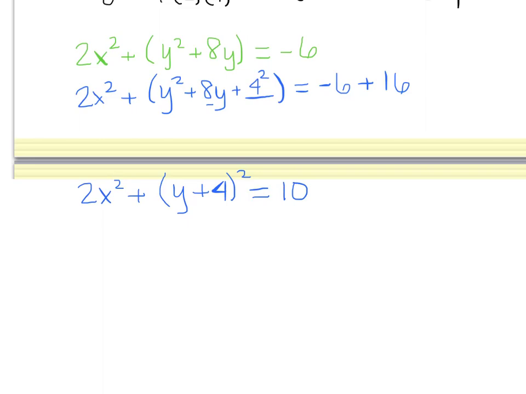To write the standard form of an equation of an ellipse, I then have to go through and divide everything by 10. So I end up with x squared divided by 5 plus the quantity of y plus 4 squared divided by 10 equals 1.